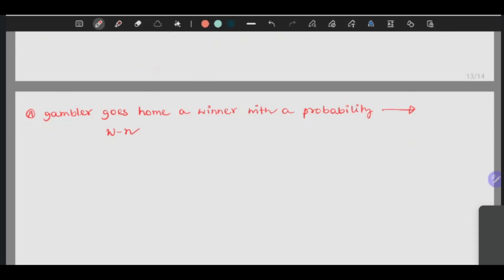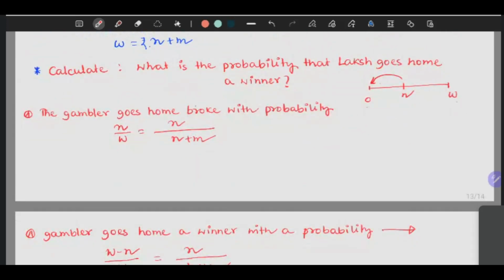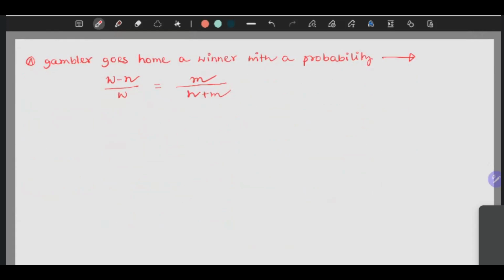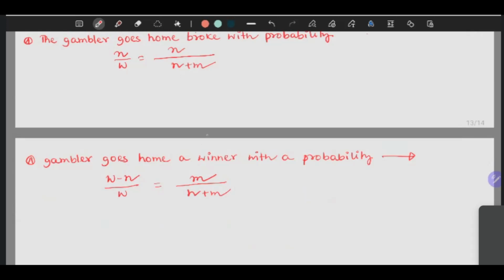W minus n by W, which is m by n plus m. So you can see that of course the gambler goes home one way or the other, because if you add those things that will be 1.